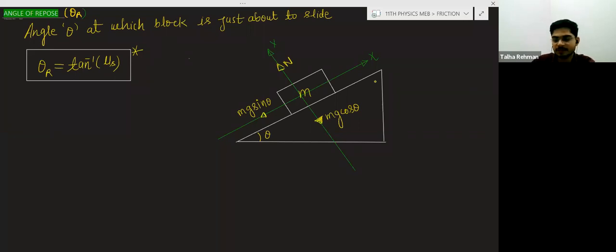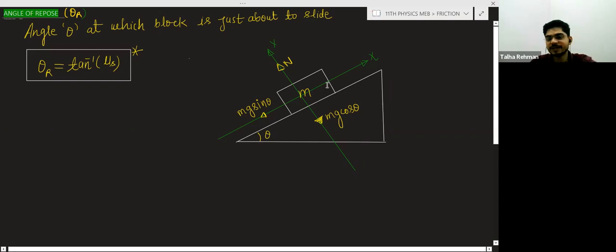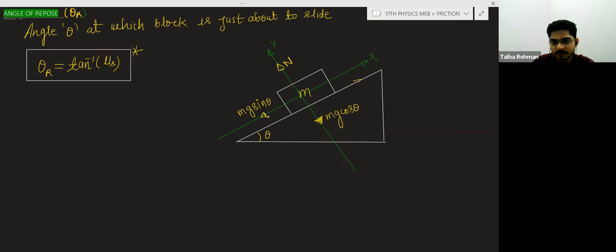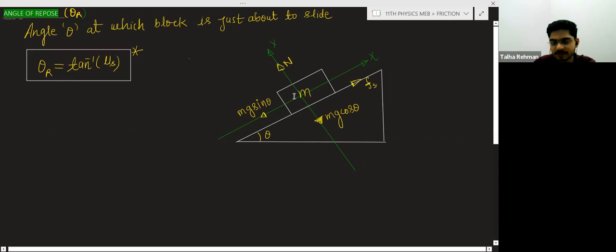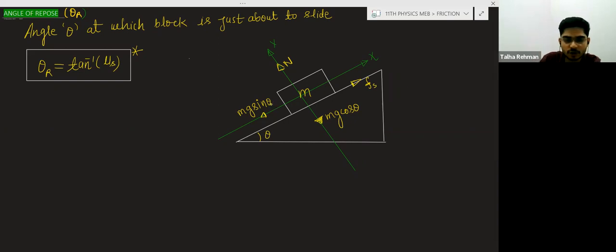And this block has a tendency to move in downward direction. So there will be the friction force in this direction. This friction force will be the static friction force, because at this time the block is at rest and has a tendency to go in this direction. How can we calculate Fs?